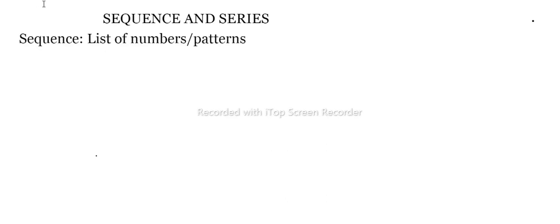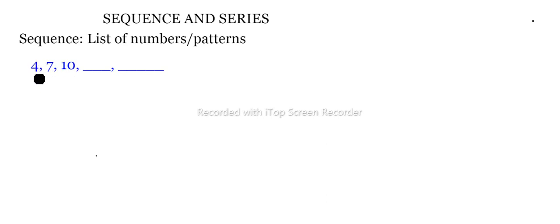Just like we learned in primary school, if I put some numbers like this, if I say 4, 7, 10, in primary school or basic school, we can feel this. So if this is 4, this is 7, this is 10.